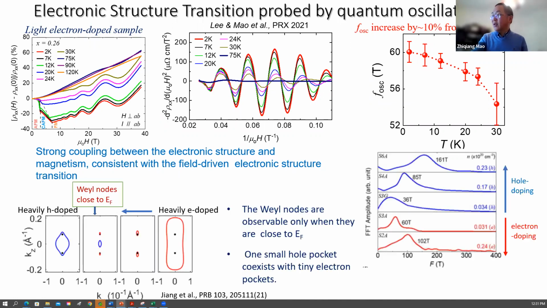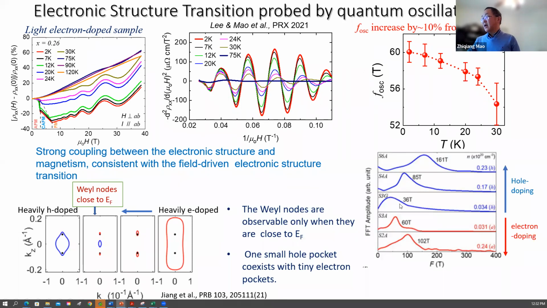Then we did this measurement on a group of samples. Here I'll show you how the quantum oscillation frequency varies with the doping level. If we add more hole carriers, the oscillation frequency becomes larger, and more electron doping also leads to a larger frequency.